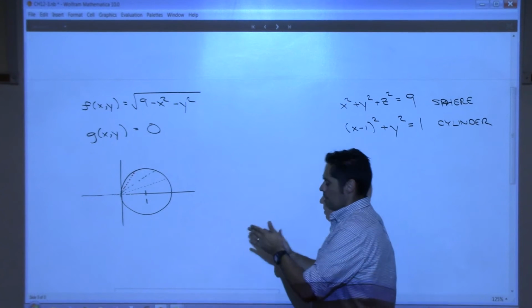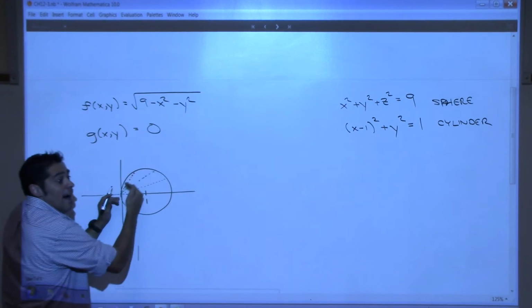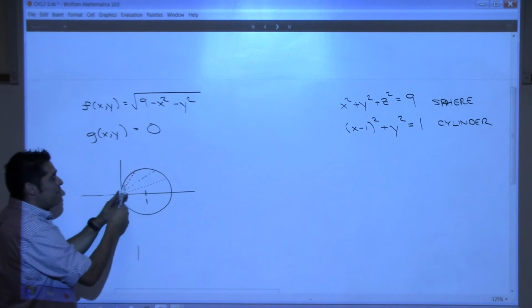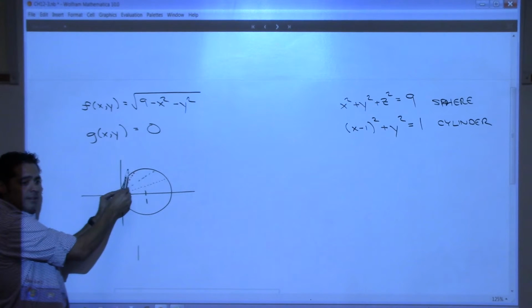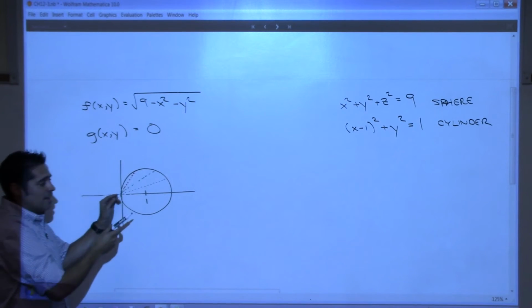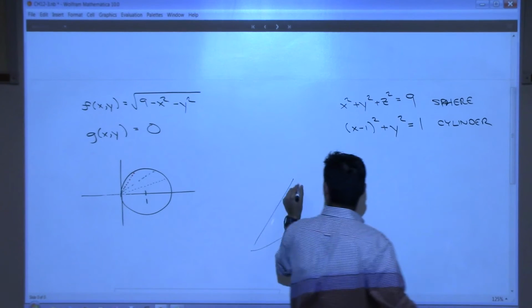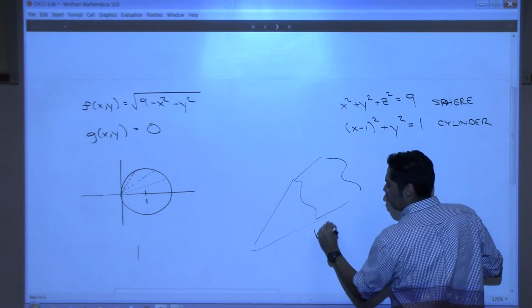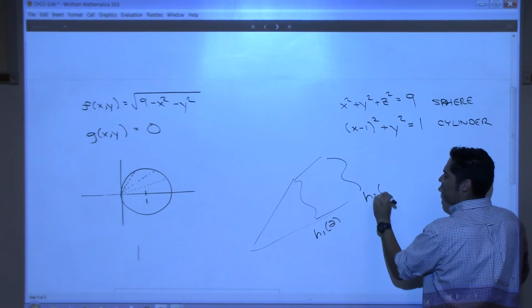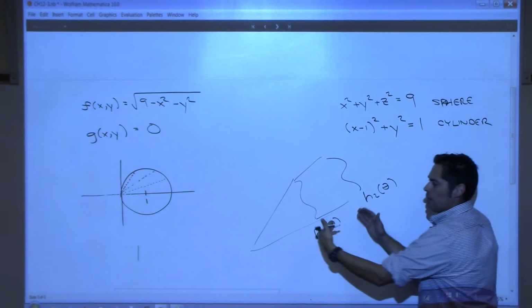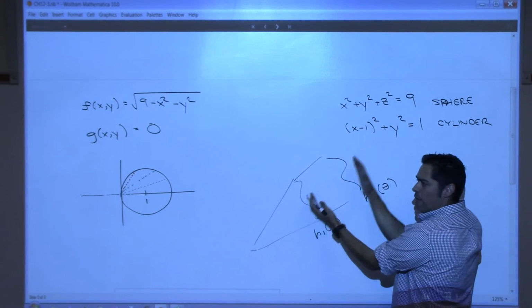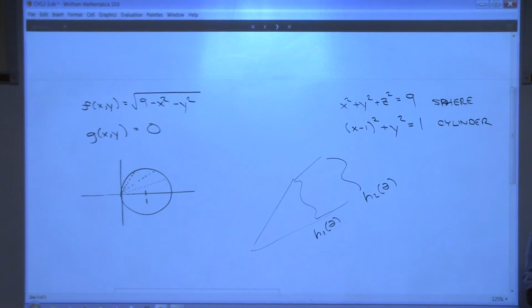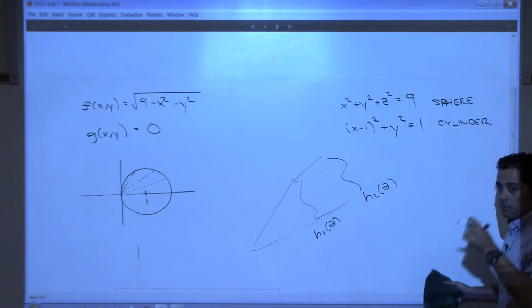Somehow, how far I walk out is a function of how far I rotate. And this is what I was just getting at a second ago with that picture that we had, where I said we had h1 of theta, h2 of theta, right? Your angle's allowed to change, but how far you walk out changes when your angle changes. That tells me it is not a polar rectangle.